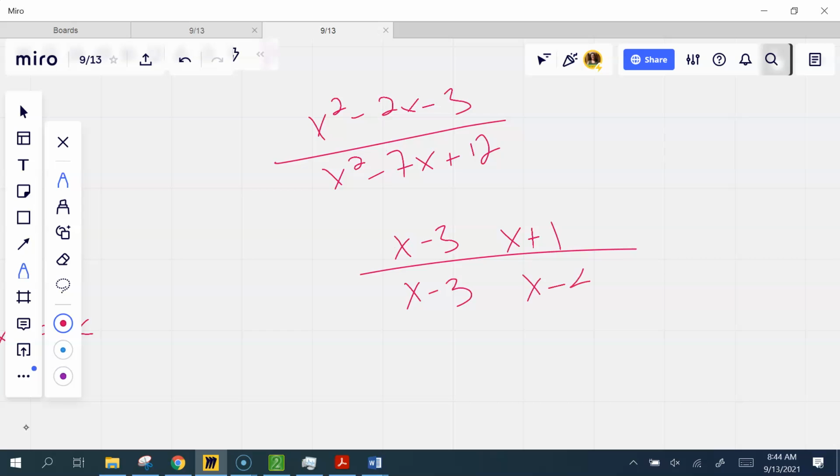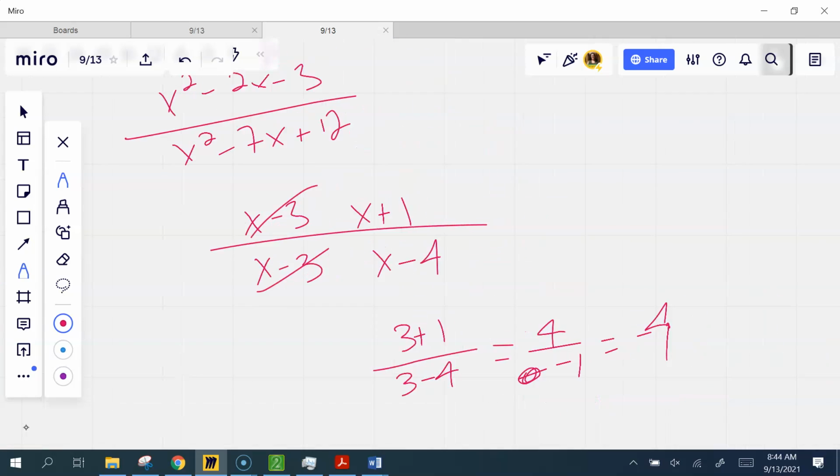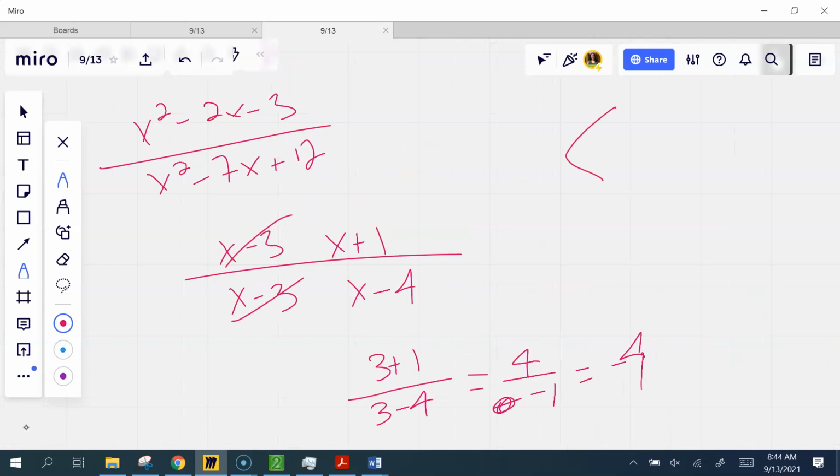So 3 is my hole, so then if I plugged in 3 plus 1 over 3 minus 4, my hole would plug at -4. So if I define this as a piecewise, I would do, yeah, I saw you plug the hole in that one. We'll do that one though, because a lot of you missed that one. Other questions about the front page?